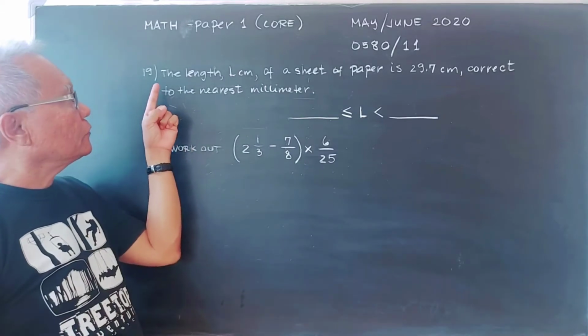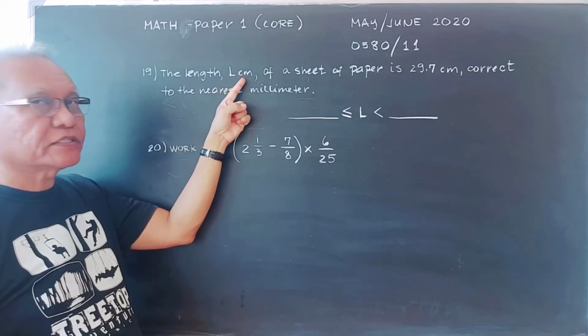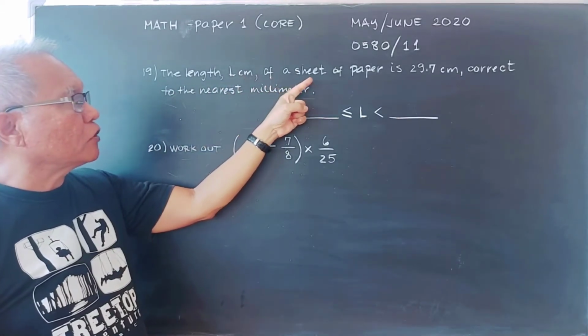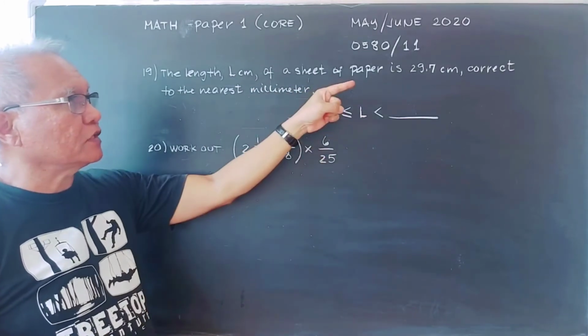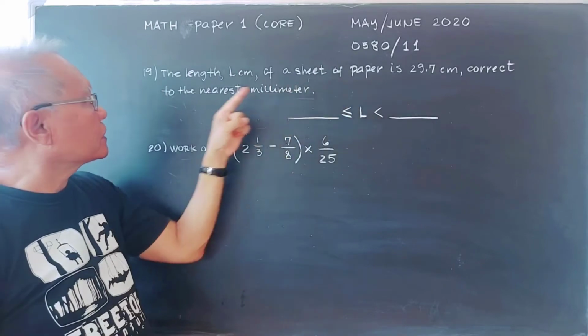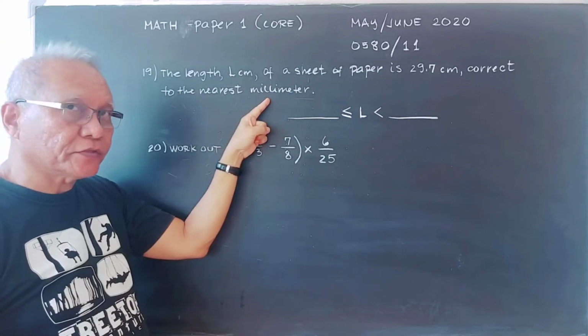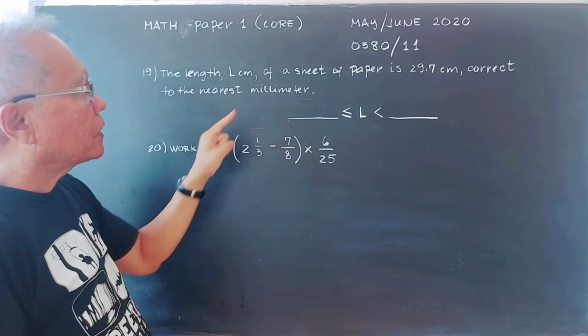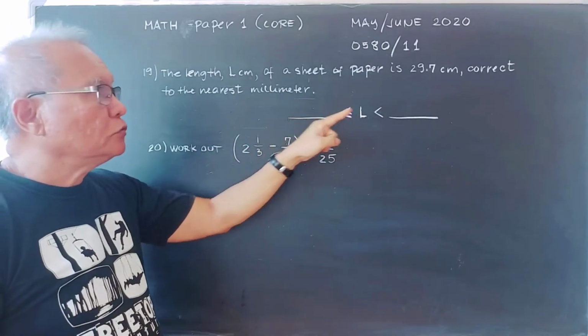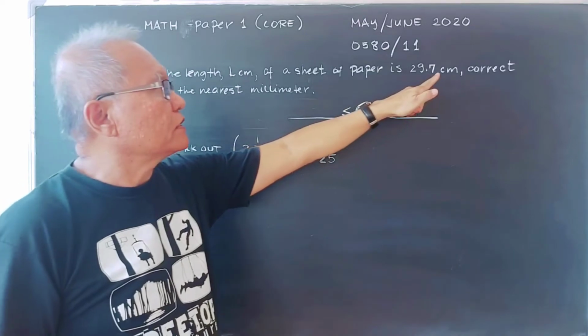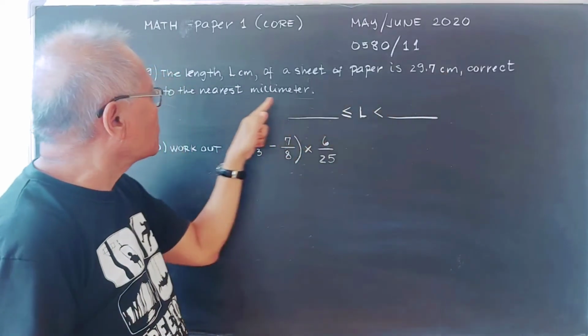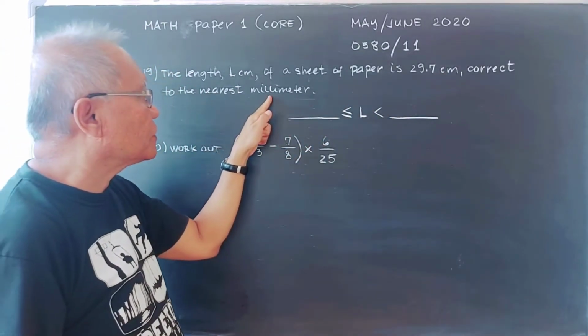Number 19, we have the length L in centimeters of a sheet of paper is 29.7 centimeters, and this is correct to the nearest millimeter. So we are going to get the upper bound and the lower bound. So this one is in centimeters and this one is to the nearest millimeter.